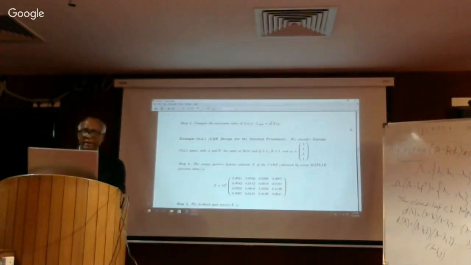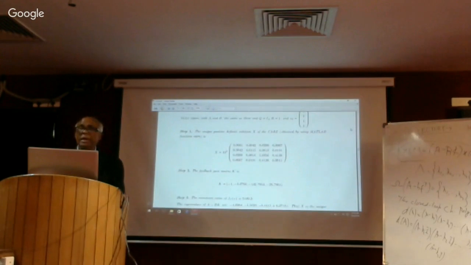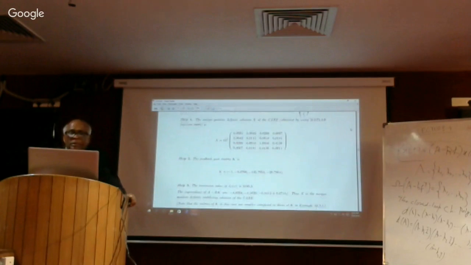Using CARE, I get the solution X. And then I construct the feedback matrix K, remember, by using the formula K is B R inverse B transpose X. Using the formula, I compute the vector K. I can see that the eigenvalues of the matrix A minus BK have all negative real parts.